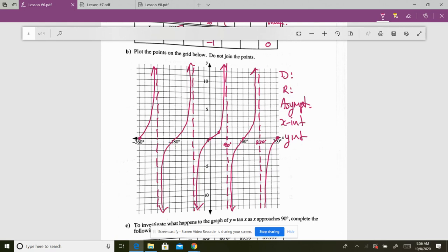What is the domain of this graph? That is, what can x not be? Just do 0 to 360. Where are the undefined points? 90 and 270. So x cannot be 90 and 270.